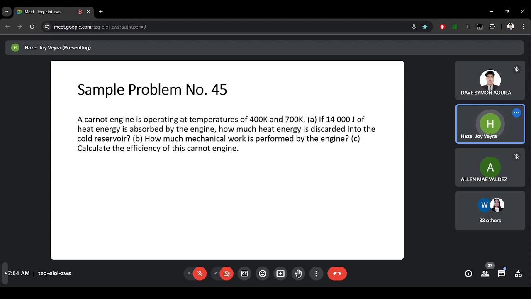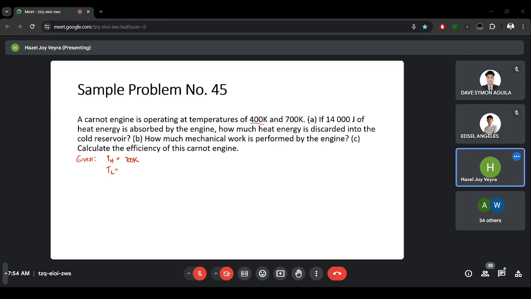Mr. Ginhawa, Mr. Angeles, Ma'am, ang T-high po ay 700 Kelvin. Tas ang T-low po ay 400 Kelvin.